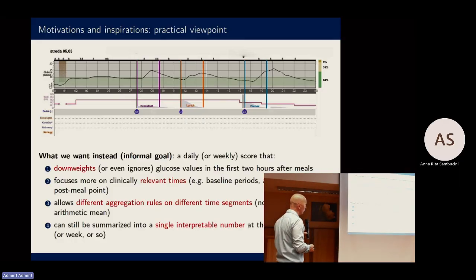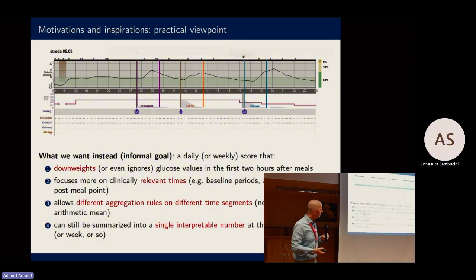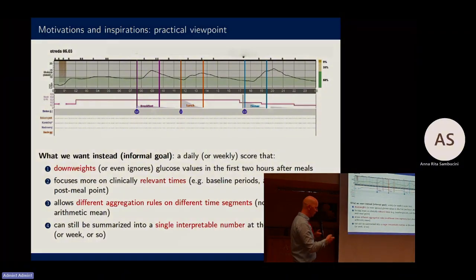And what we want to do instead: the daily score should down-weight or ignore glucose values in the first 2 hours after meals. We should focus on relevant times, taking some time windows.